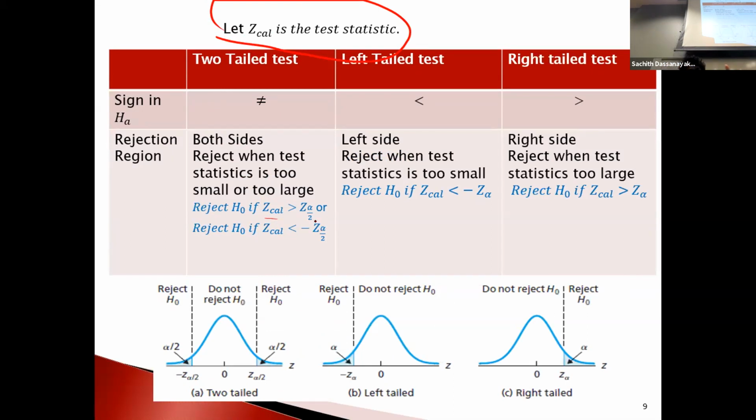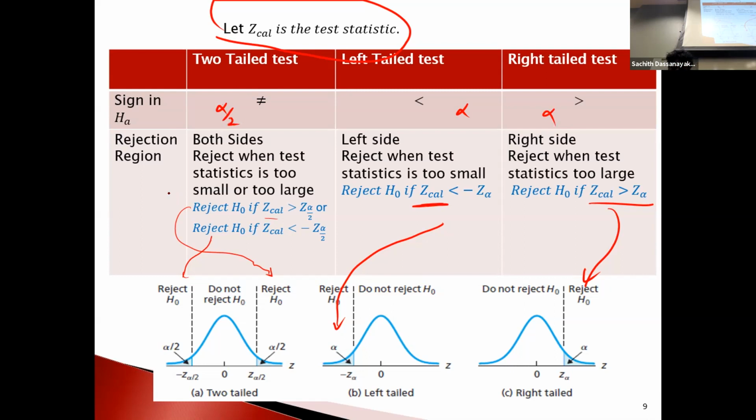Less than the negative value means less than that value, okay? Which means this part belongs to this one, and this part belongs to that one. So you reject if your C cal value is less than negative C alpha over 2. In this case, you reject if C cal is greater than C alpha, not alpha over 2. So in these two cases just use alpha. In this case use alpha over 2.